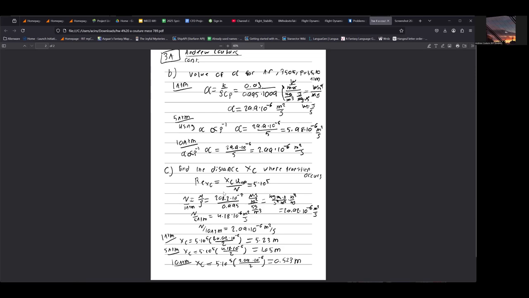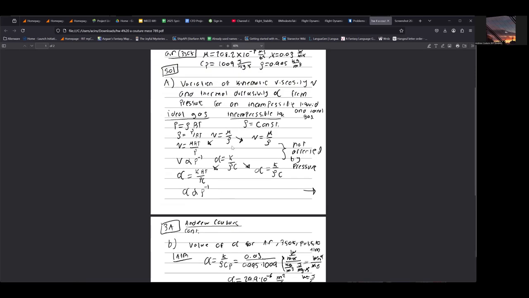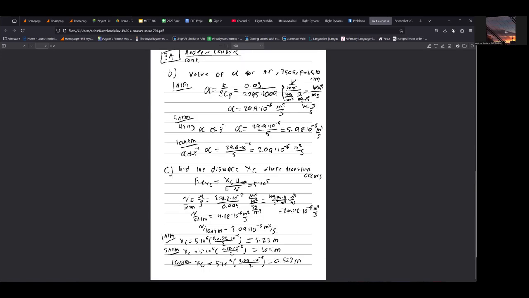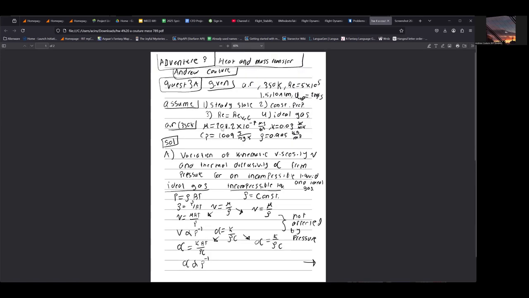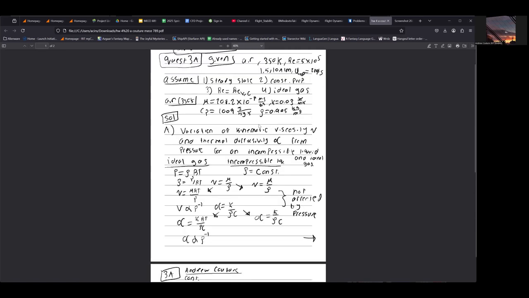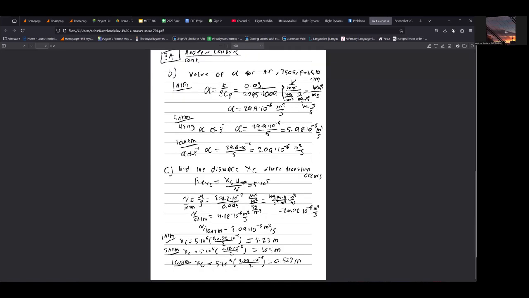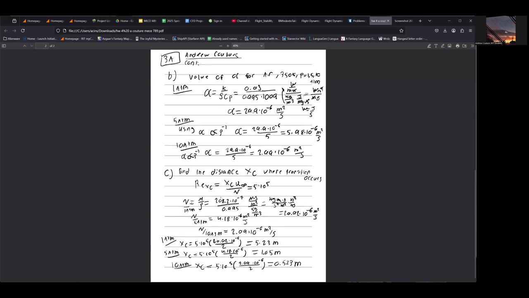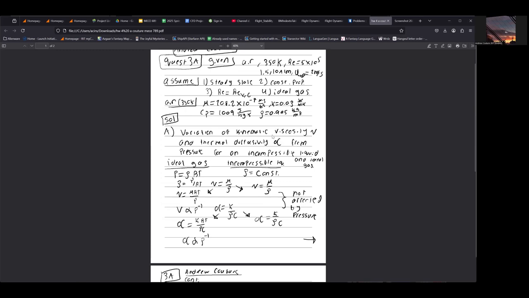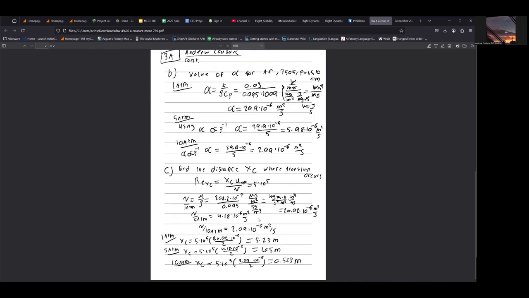So kinematic viscosity, as the equation is listed here, is mu over rho. So mu from these tables up here is 208.2 times 10 to the negative 7 Newton seconds per meter squared. So you divide that by the density of air at this pressure, which is 0.995, and you get a kinematic viscosity at 1 atmosphere of 20.92 times 10 to the negative 6 meters squared per second.